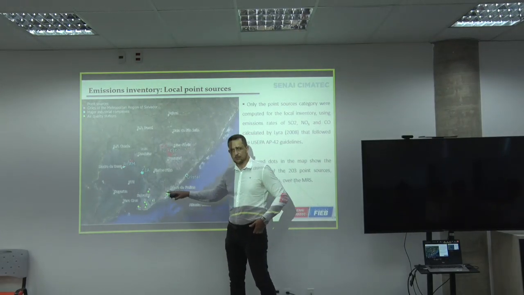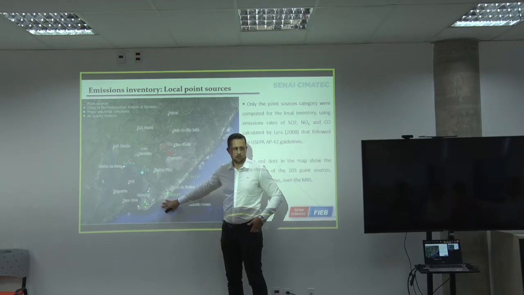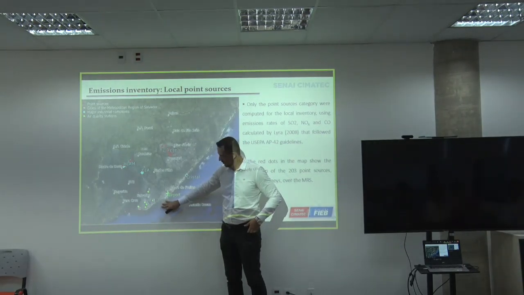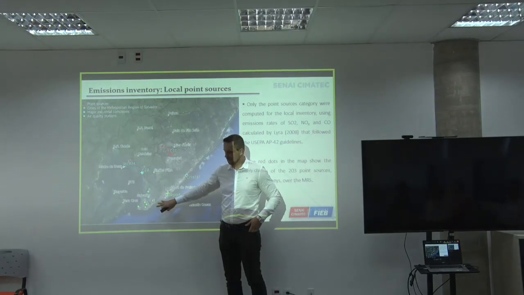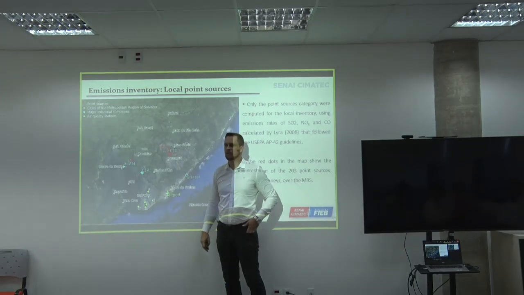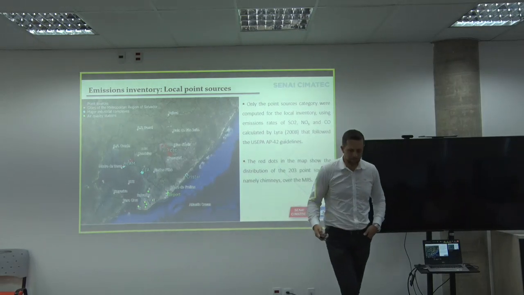As you can see, we don't have information here on vehicle emissions. We are right now finishing our work with one of my master's students, who is developing a vehicle emissions inventory for the metropolitan region of Salvador. We are planning to use this in this work as well.